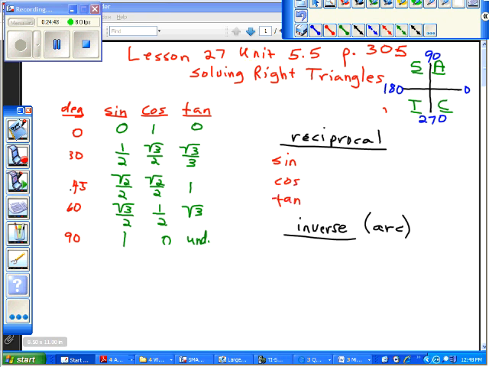We learned that the reciprocal of sine is cosecant. We learned that the reciprocal of cosine was secant. We learned that the reciprocal of tangent was cotangent. And when we say reciprocal, what do we really mean? 1 over, right?